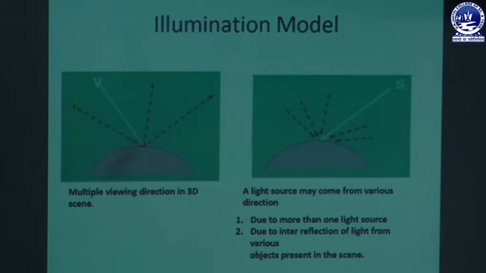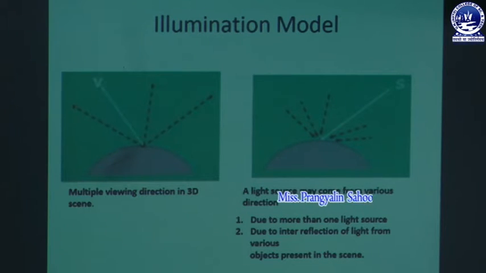And here the source A is the point source. That means suppose the source point V is directly focused on the given object, and if it is directly focused on the object to view another object, then we know this type of mechanism as the point source illumination model.